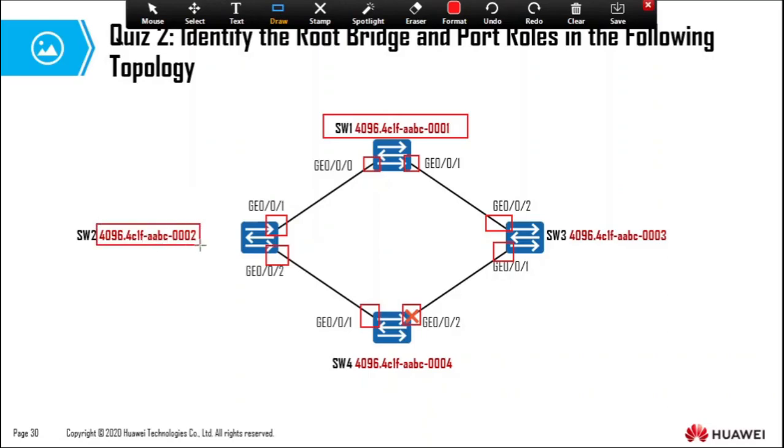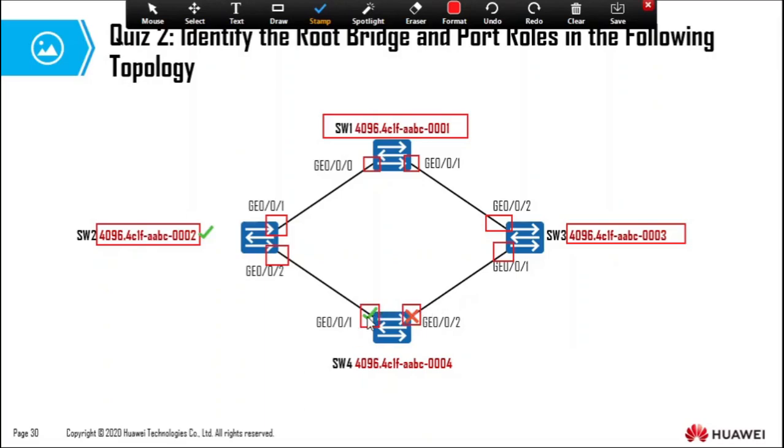Look here, we are comparing this BID and this BID. Are we together? Because this one is smaller, this one will be preferred compared to this one. And therefore this is what we are going to block so that we don't have a loop. Because if we block that, then we no longer have a loop.